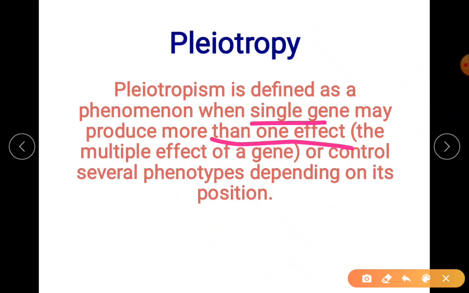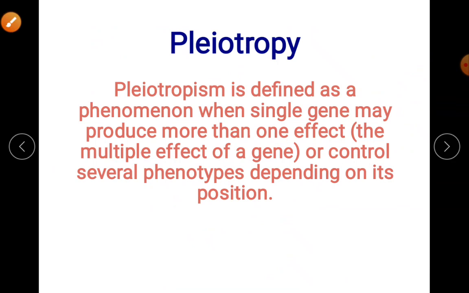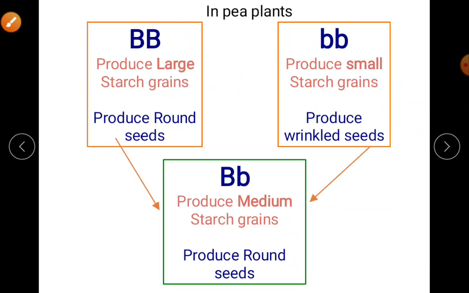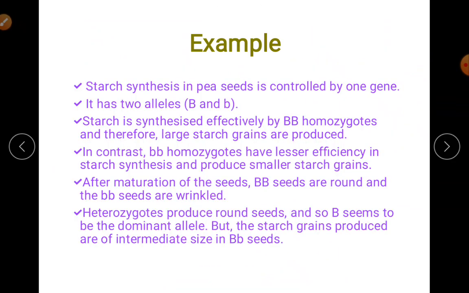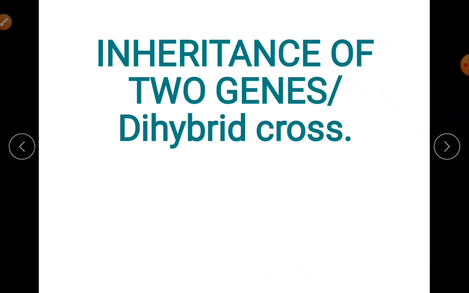So it can be more than one, more than two, so multiple effects. What is it doing? It controls the phenotype. I hope it is clear. This is the explanation part. You can go through it in your own time.